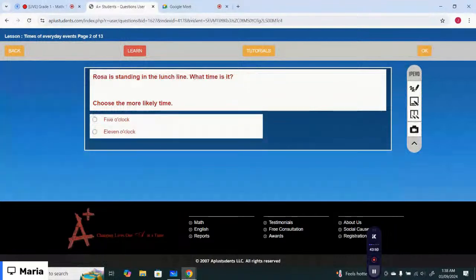Rosa is standing in the lunch line. What time was it? Again, she's standing in the lunch line. Is it 5 o'clock or 11 o'clock?